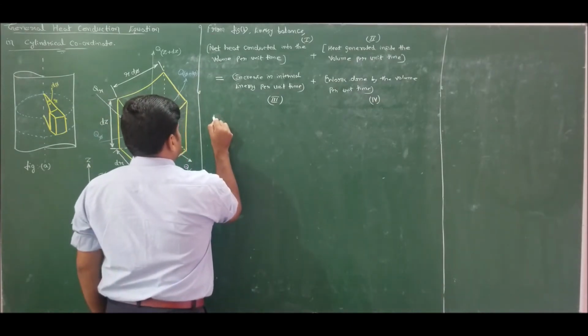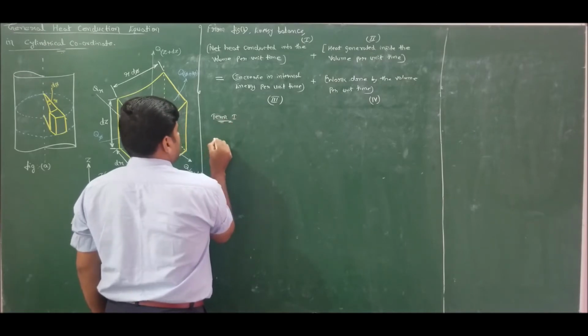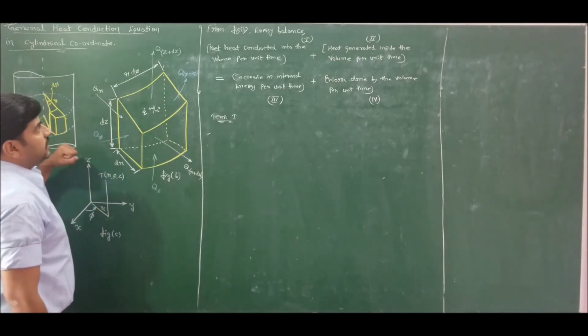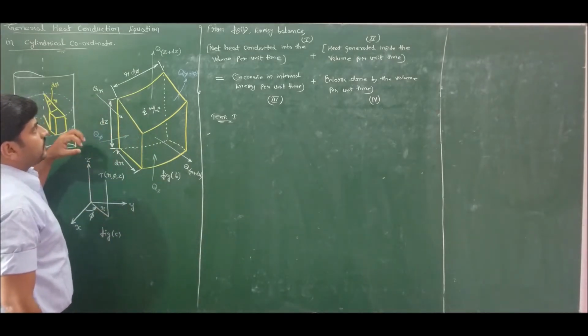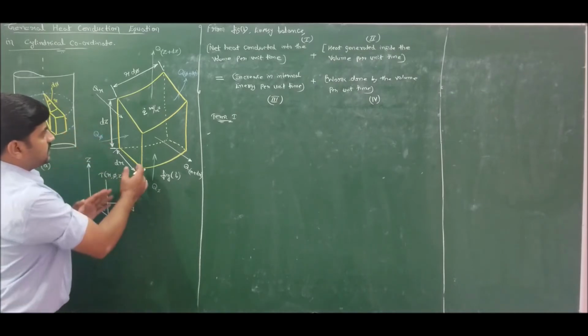If I consider term 1, the net heat conducted into the volume will be calculated after calculating the heat conducted from the r direction, phi direction and z direction.